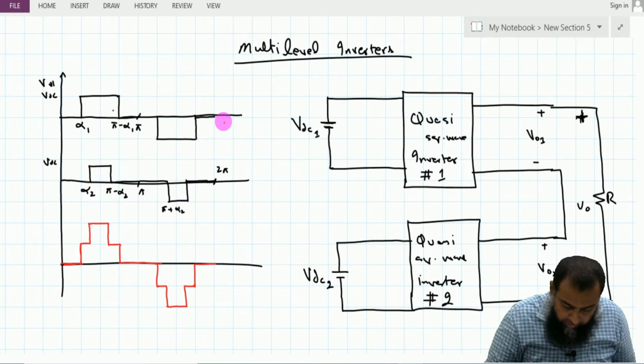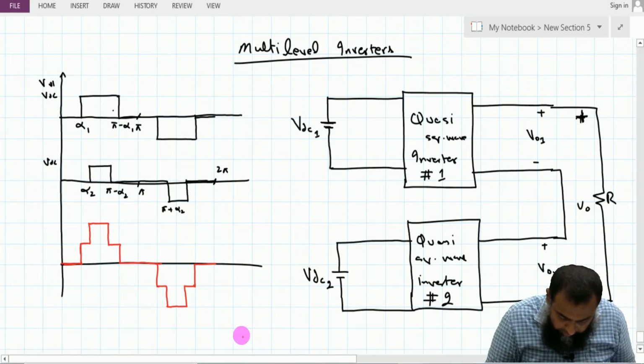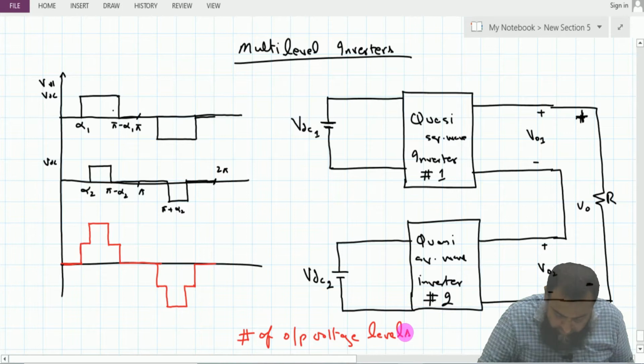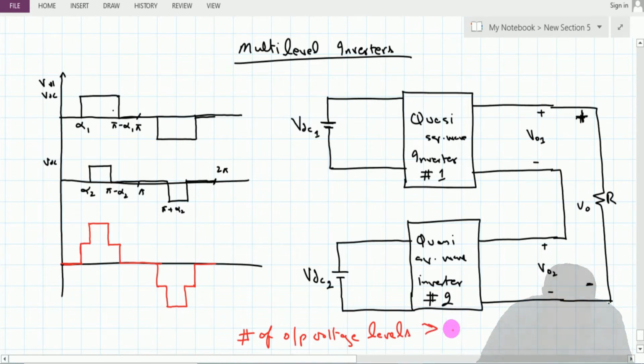In fact, the number of output voltage levels is greater than the number of independent DC sources plus 1.